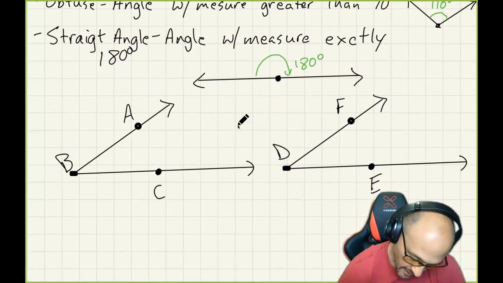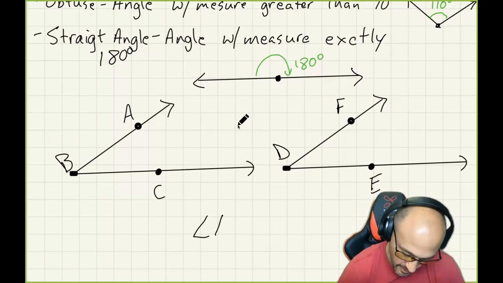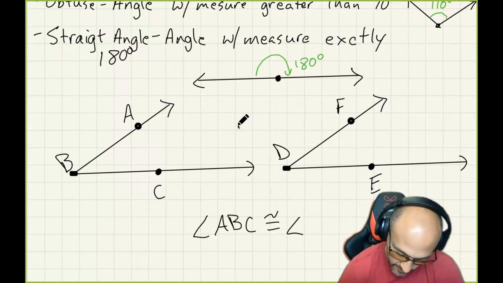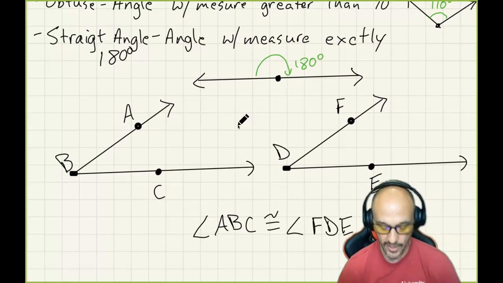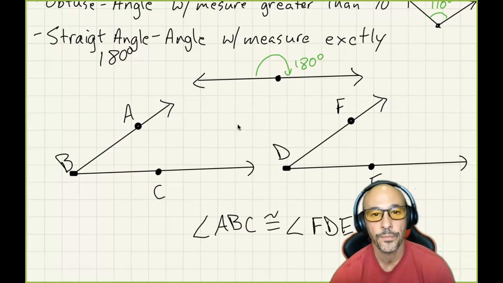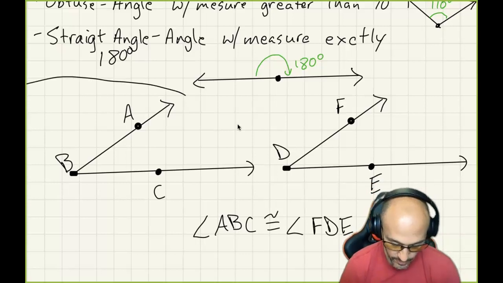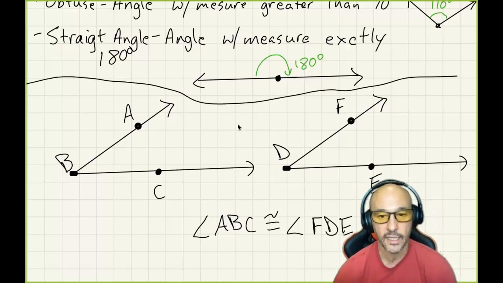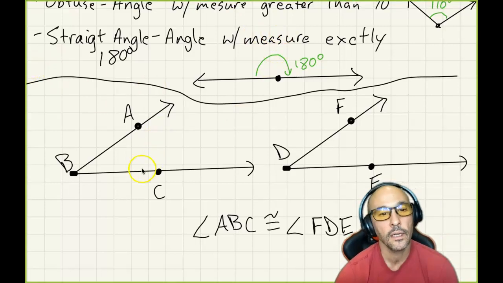Then I could say angle ABC is congruent to angle FDE. And that's how I write that right there. So angle ABC and angle FDE are congruent.